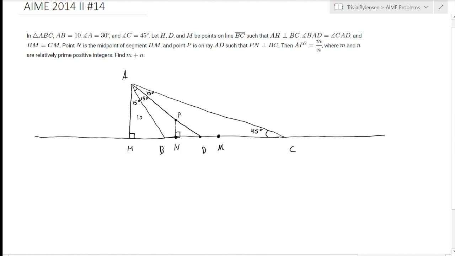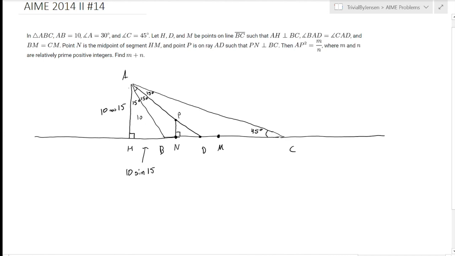That's pretty useful because we know AB is 10. Now we can find AH. So AH is just 10 cosine 15. And similarly, HB is just 10 sine 15.